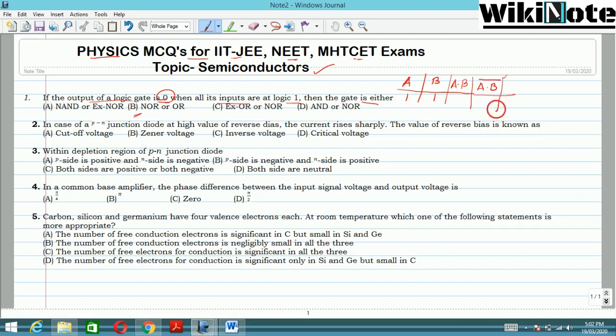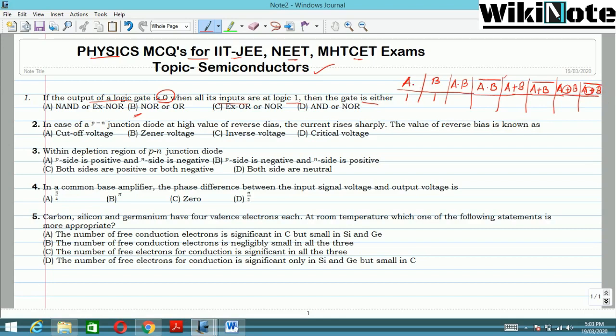A plus B will be my OR gate, and the complement of A plus B will be my NOR gate. Then A XOR B, and the next is the complement of A XOR B, which is XNOR.